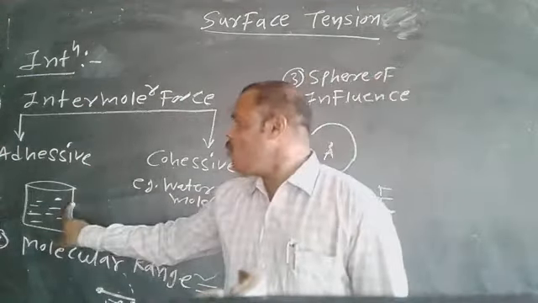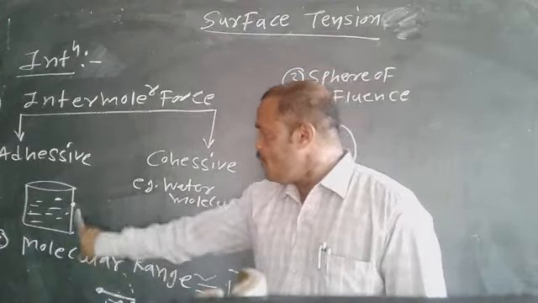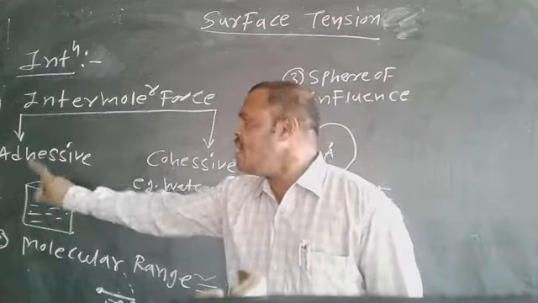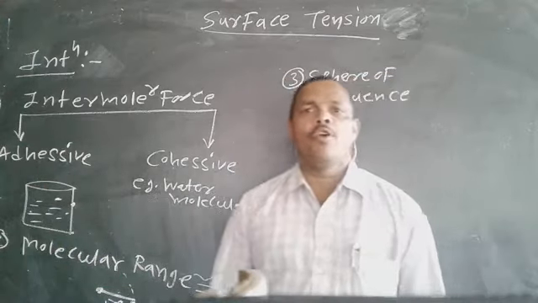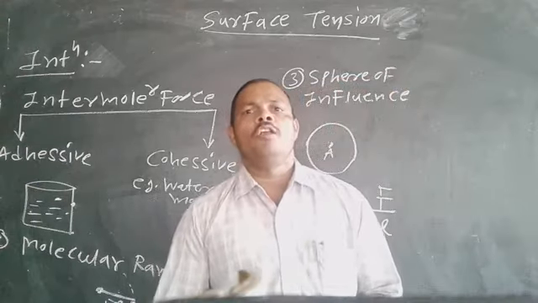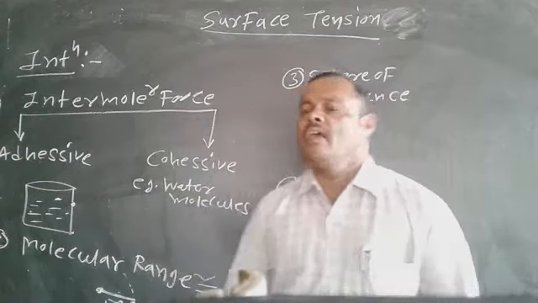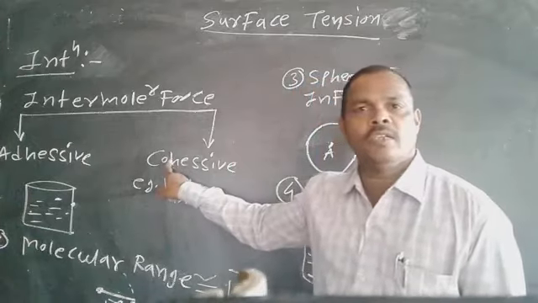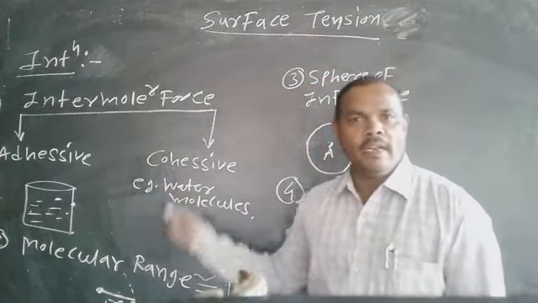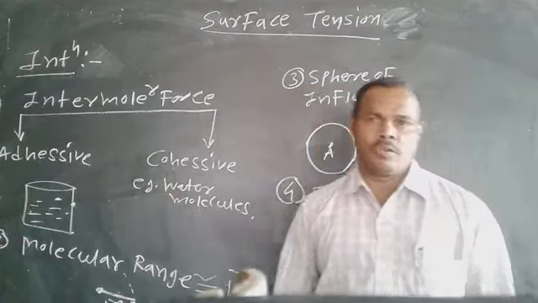In this diagram, the force of attraction between molecules of the container and water molecule, it is additive force. Then cohesive force. Force of attraction between molecules of the same substance is called as cohesive force. Example, the force between water molecule, it is cohesive force.